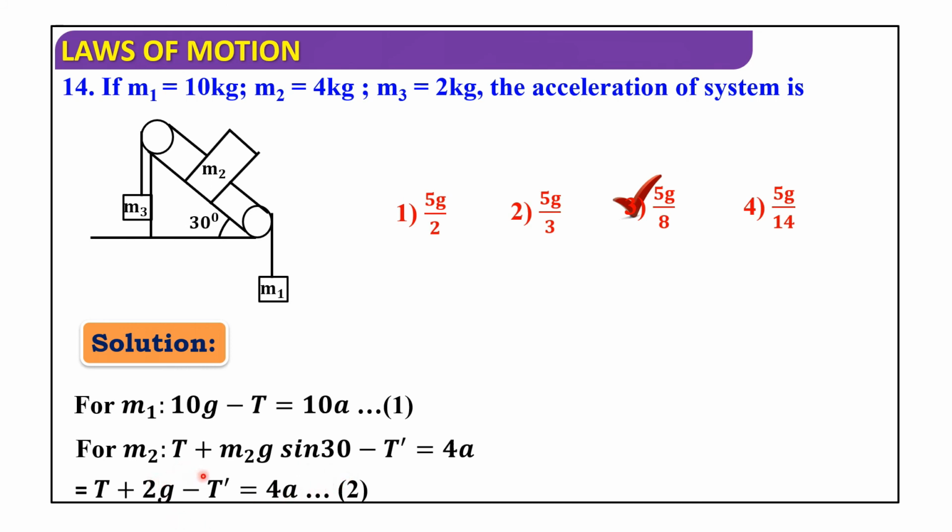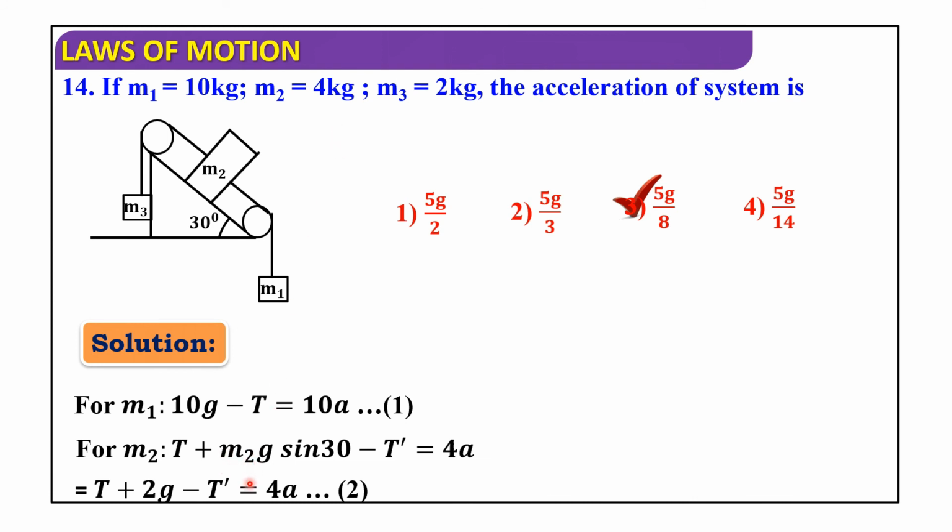For m2, T plus m2 into g sin 30 minus T dash is equal to 4a. So here we are writing T plus 2g minus T dash. Here m2 is given as 4 kilogram.